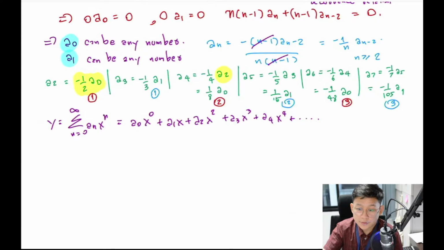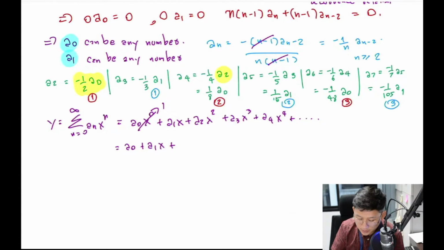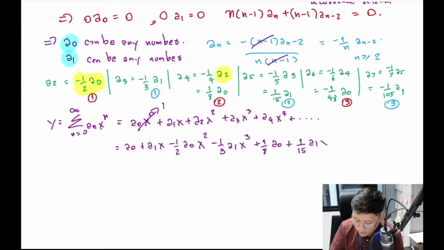And then we substitute all the a's into the solution. So we have a0, x to the 0 is 1, right? It's 1. And then a1 x, a2 is minus 1/2 a0 x squared. a3 is minus 1/3 a1 x cubed. a4 would be 1/8 a0 x to the 4. a5 would be 1 over 15 a1 x to the 5.